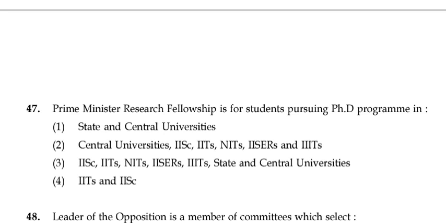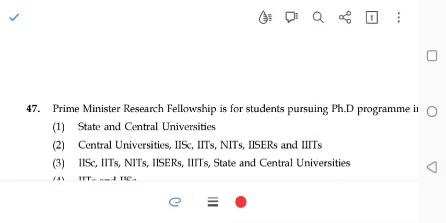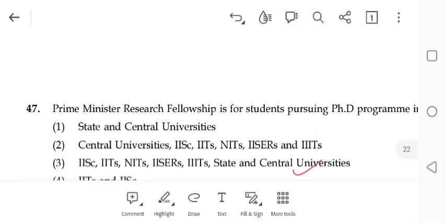State and central universities, IISc, IITs, NITs, IISERs, and IIITs. For 47, the correct option will be number 4, IITs and IISc.